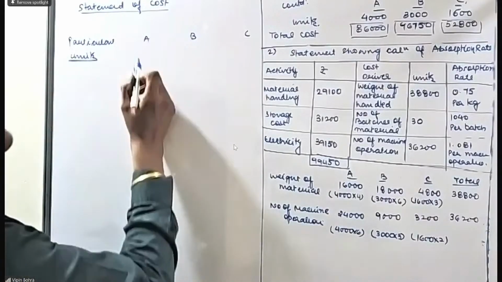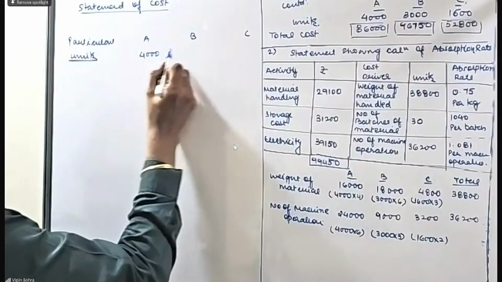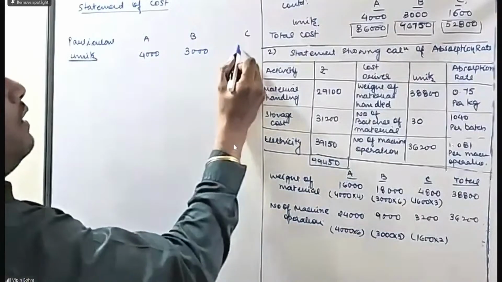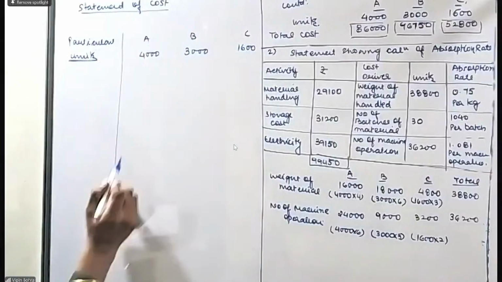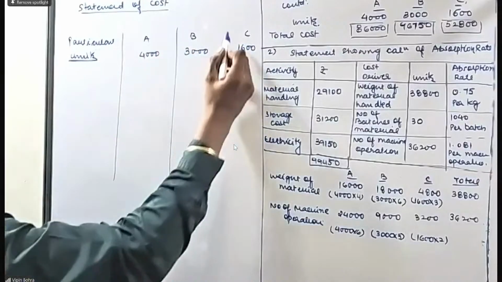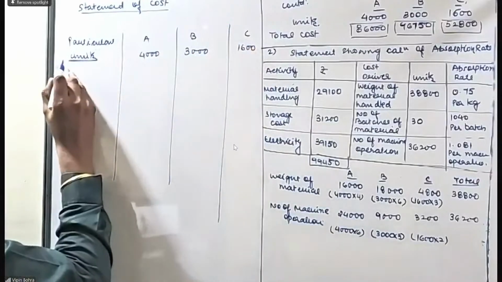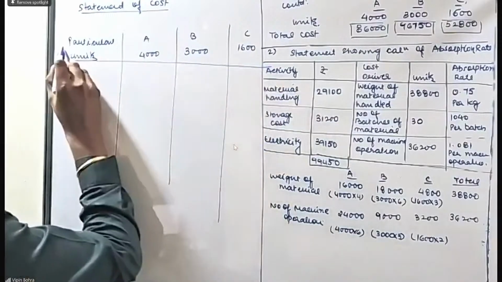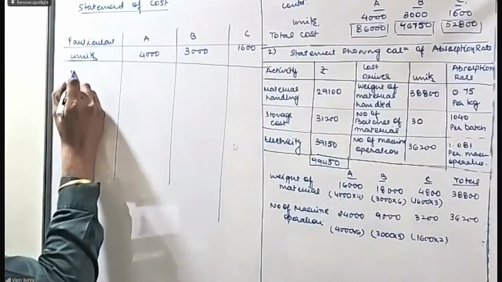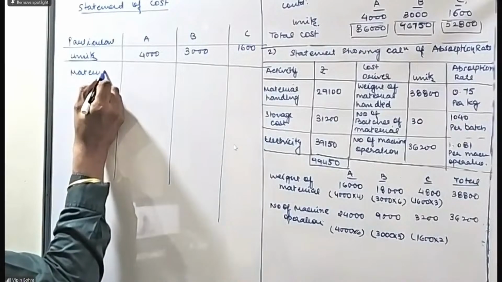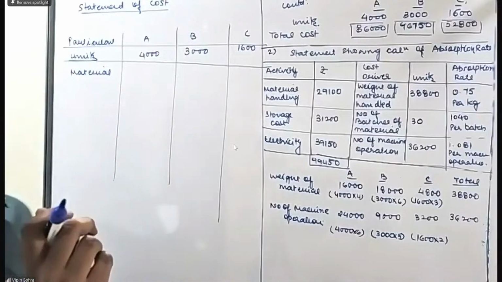We have the units, that is 4,000, 3,000 and 1,600. Now let's calculate the total cost. We have the material cost per unit.